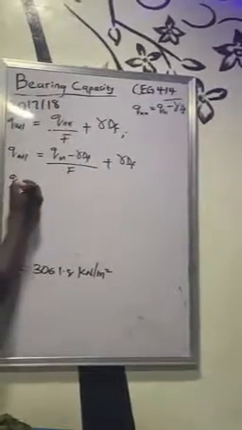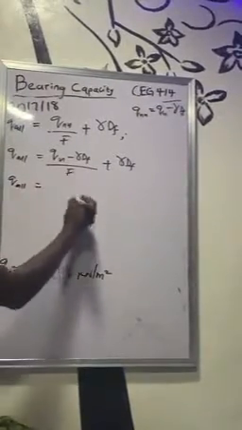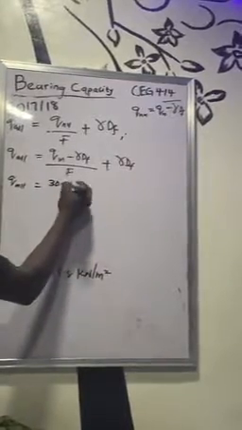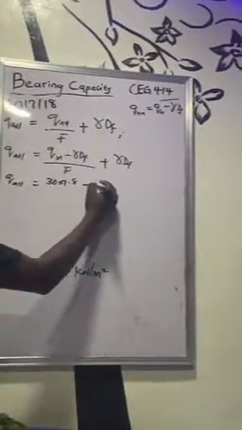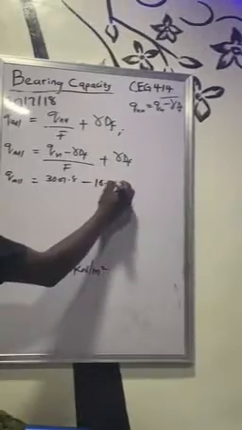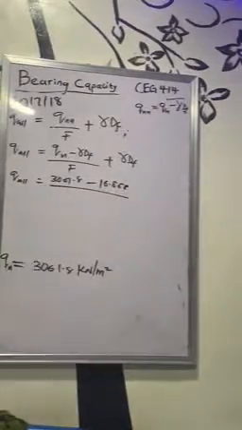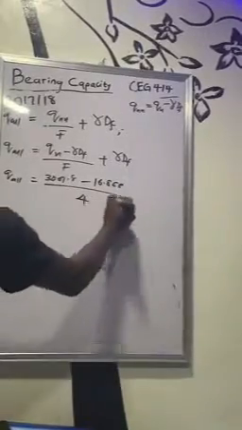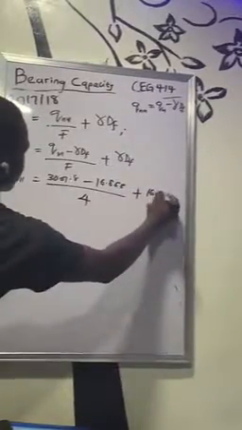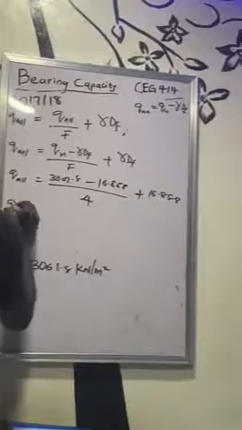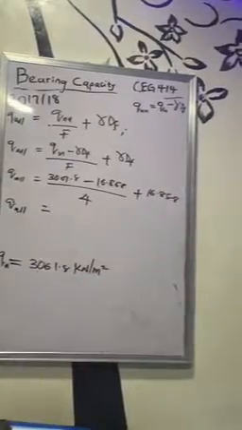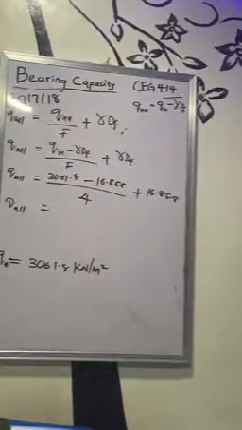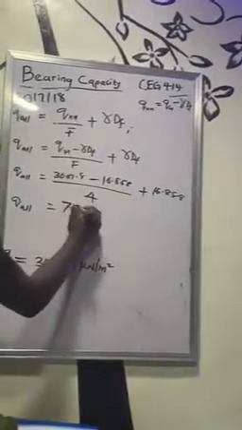So my Qu is 3061.8 minus 16.888, all over my factor of safety, which was given in my question to be 4. Please check the question. Punching this, I should have 778.12.